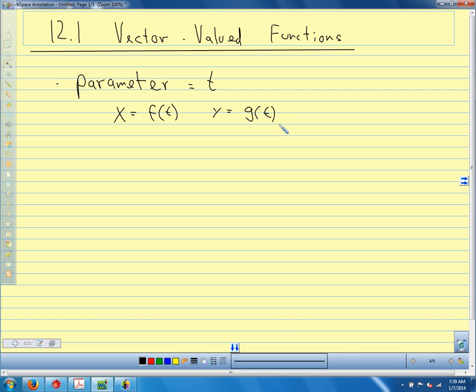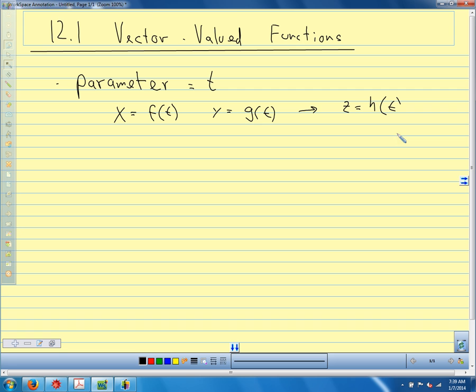We can extend it to 3 dimensions, and we say z is some other function of t, and this gives us the coordinates of a point in space. So this is just a quick recap of what we did with parametric equations.